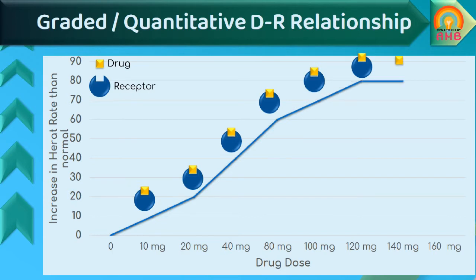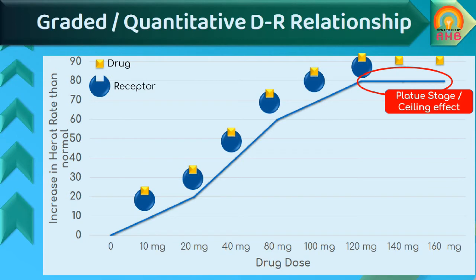But when all the receptors are occupied, there will be no more increase in response with increase in the dose, as no receptors are available to combine with the drug. This is called the plateau stage or ceiling effect, and the dose at which this ceiling effect starts is called the ceiling dose. Understood?